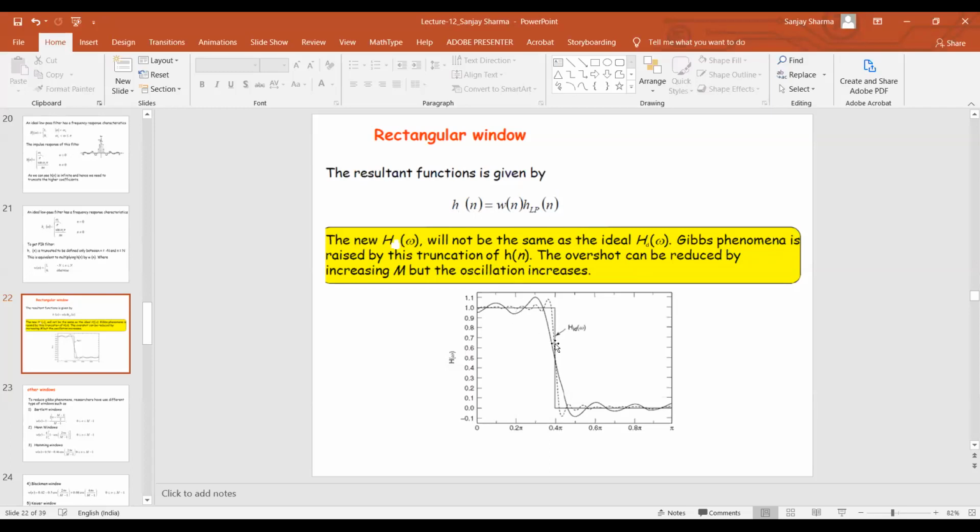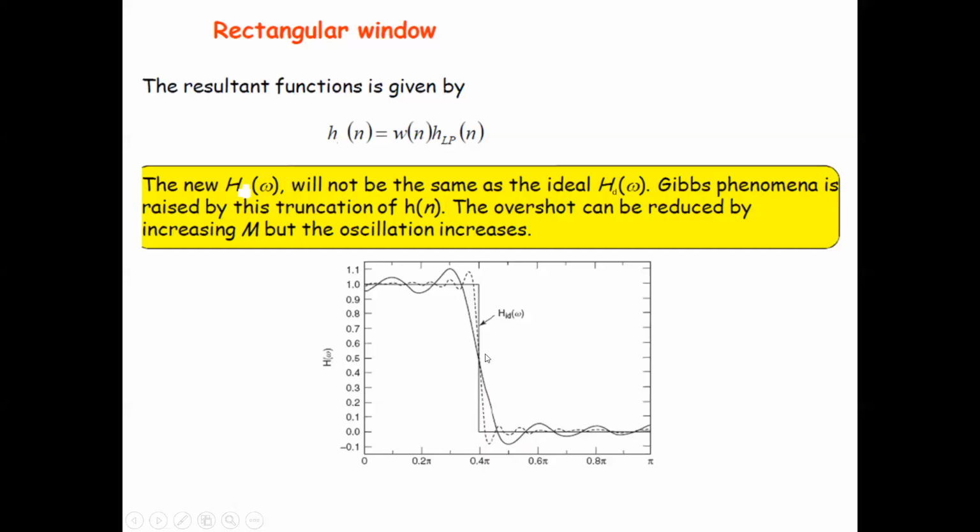If you look at the graph, this is the H omega. The dotted line is Hd omega, the almost ideal case, which is quite a constant kind of characteristic. But when you multiply it with a rectangular window function, it overshoots.